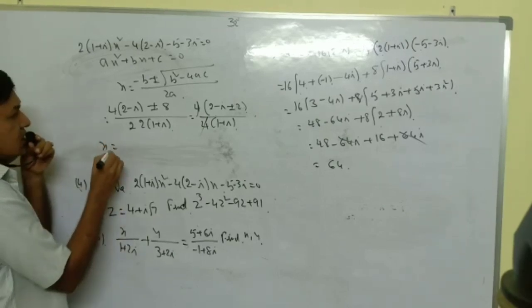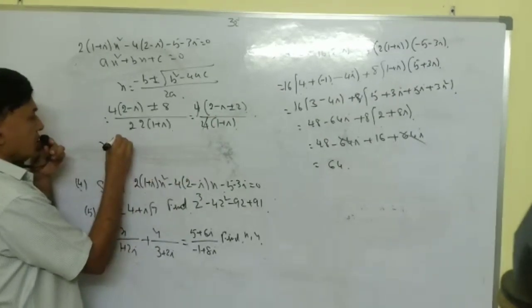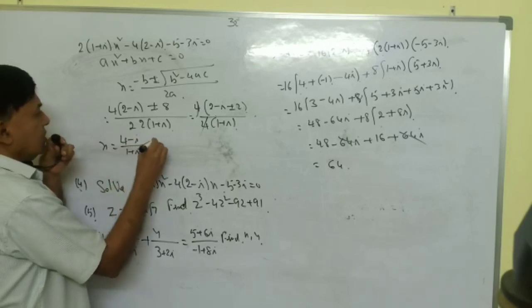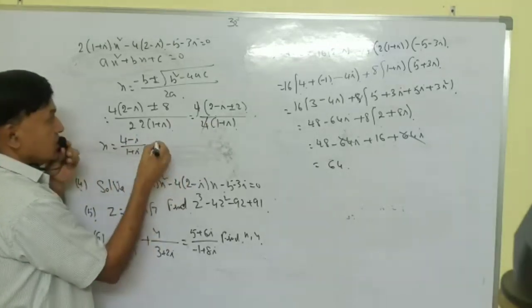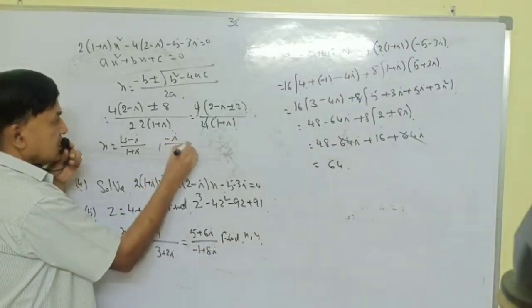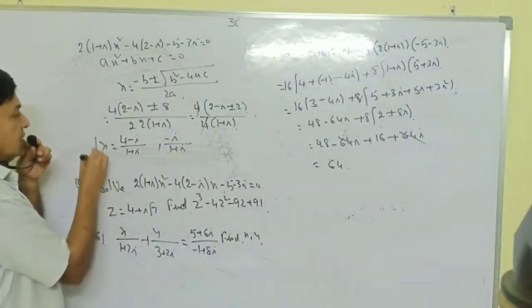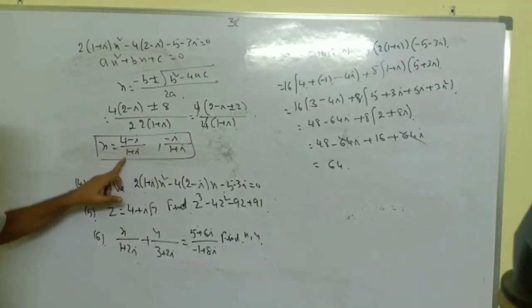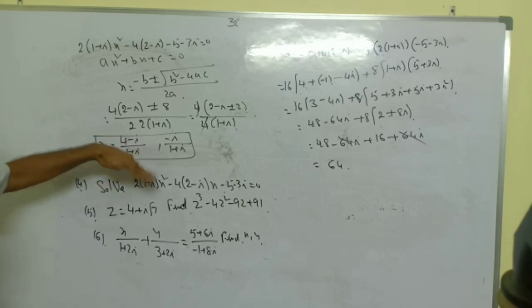So x values are, if you take plus, 2 minus i by 1 plus i. If you take minus, 2 minus i by 1 plus i. So these are your x values. If you want to, you can multiply with the conjugate and make the denominator purely real number.